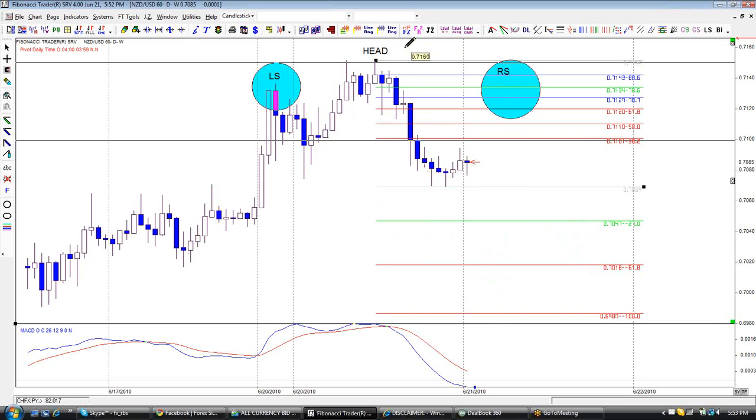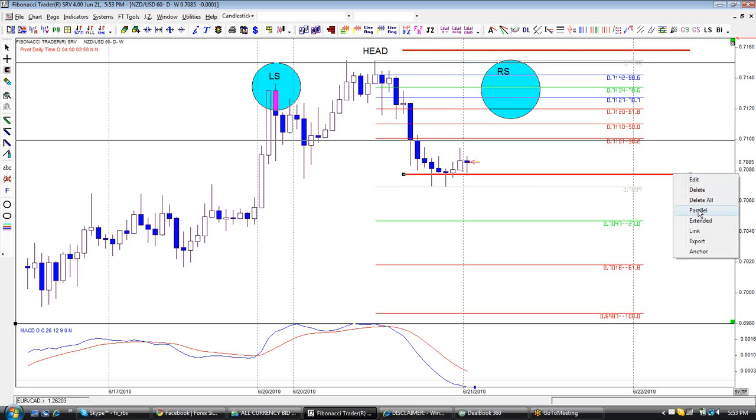I will enter at the right shoulder, stop above the head, then I will place my first limit below the support, then second at 127, or if the right shoulder was shallow, formed at the 618, I will place my second limit at the 1618.